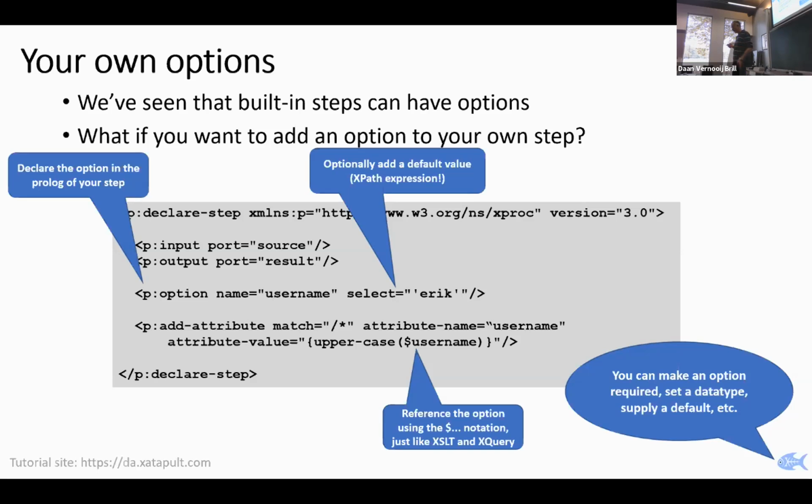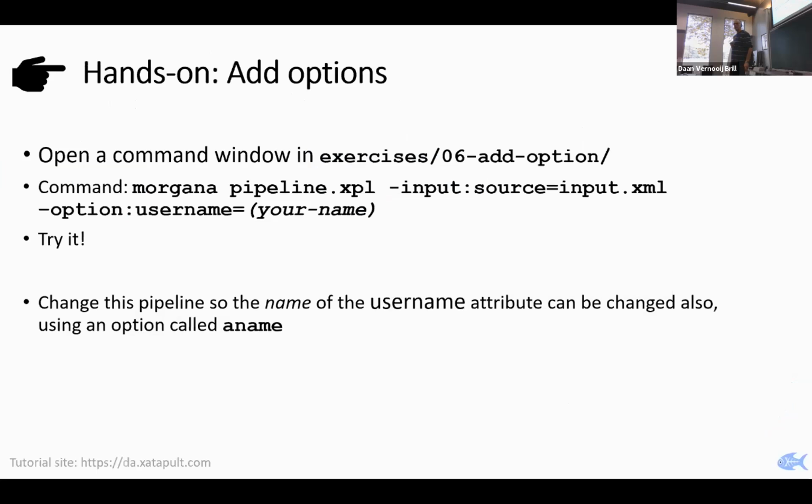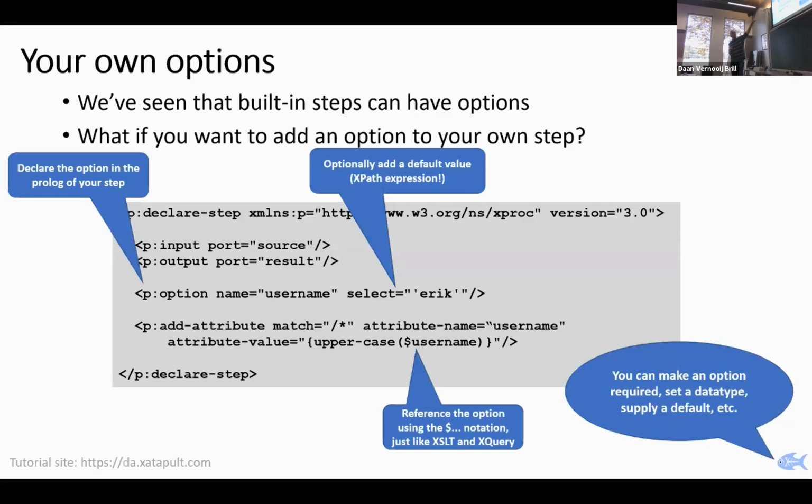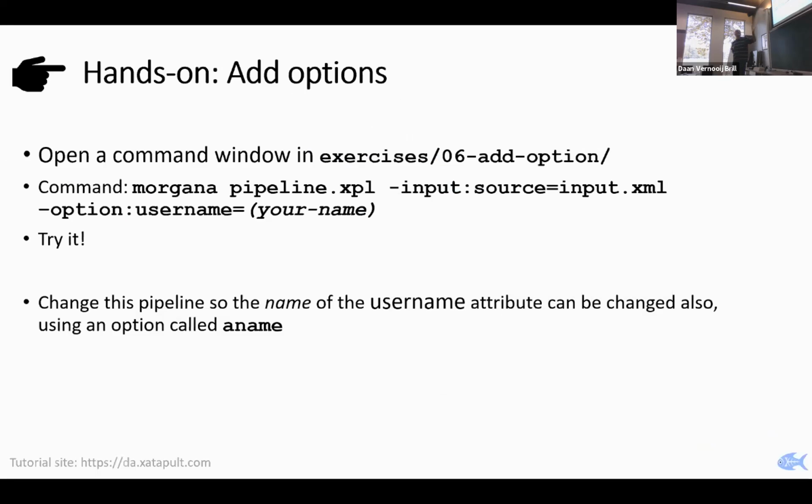Right. So here's another exercise for you. This pipeline is actually just there, so you can run it, 06 add option. To set an option, you have to do it on the command line in this case.